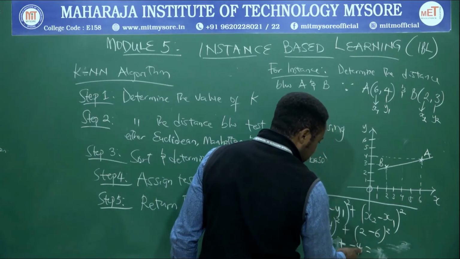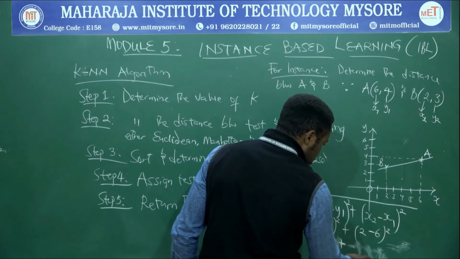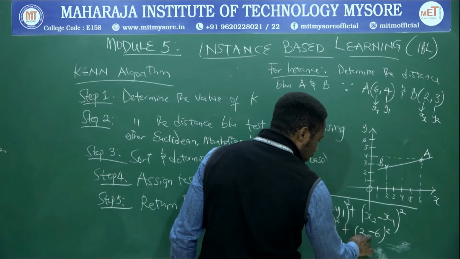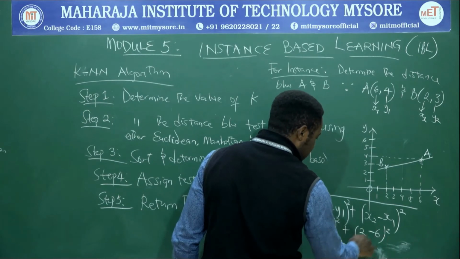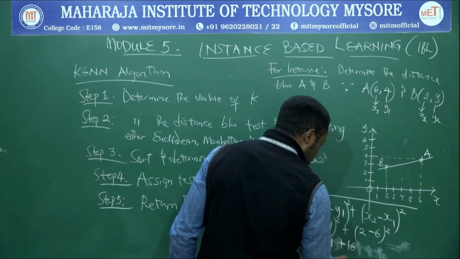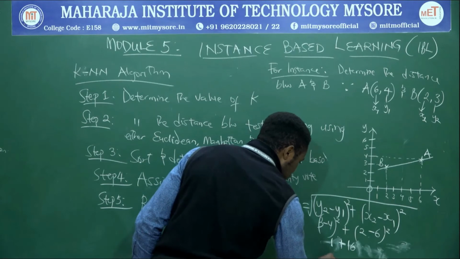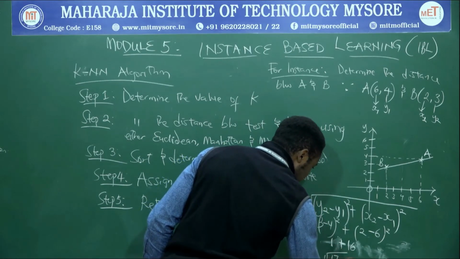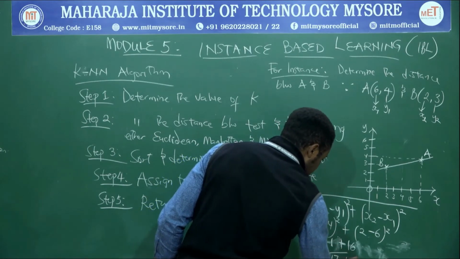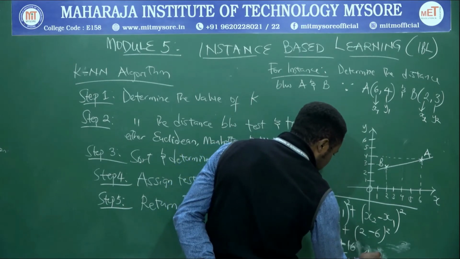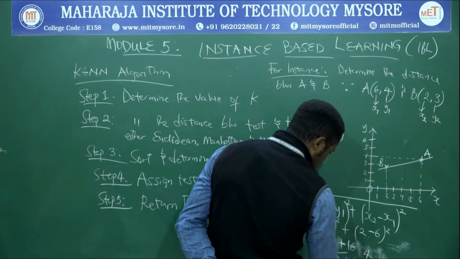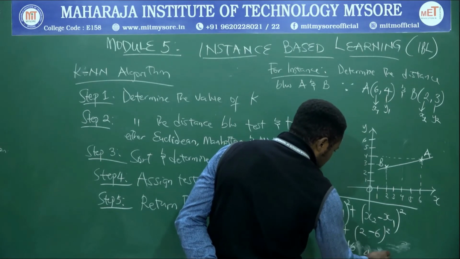Quickly, 16, right? Remember, 2 minus 6 is minus 4, squared is 16. So I will now get the square root of 17. Okay? Units. And in this case, it will be 4 point something, maybe let's say 4.2 units.